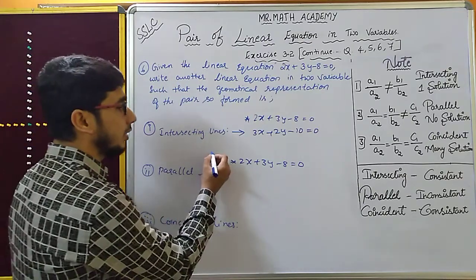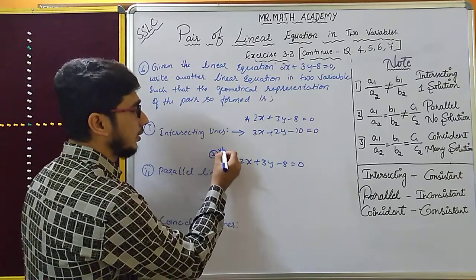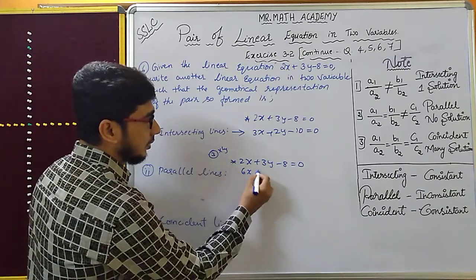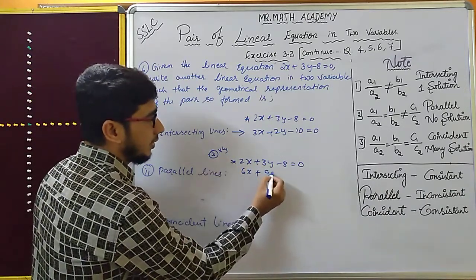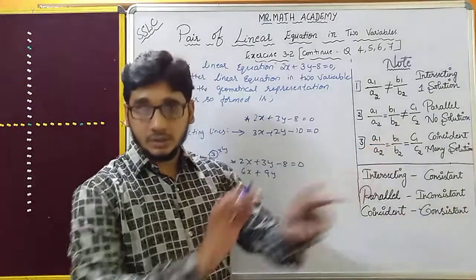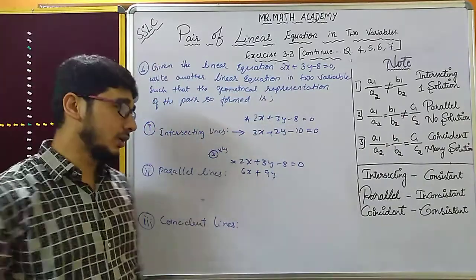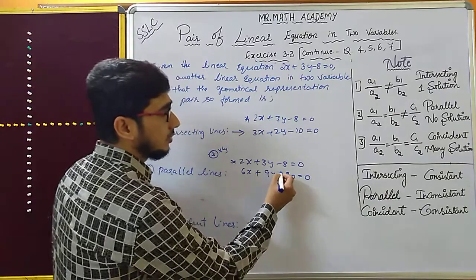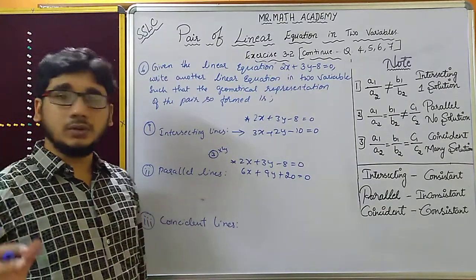Consider I multiply by 3. 3 2s are 6x, 3 3s are 9y. Don't multiply the last one, because that should not be equal. You write any other number, 20. Minus is there, you write plus, no problem. Whatever you want, you can write.